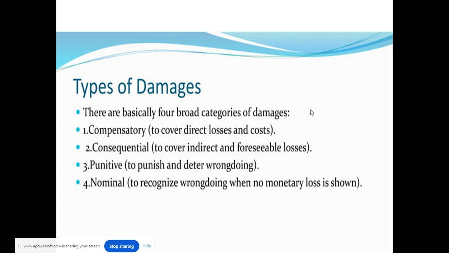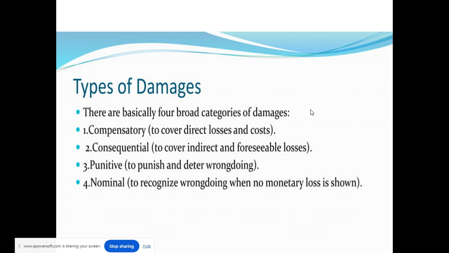Then there are certain types of damages here: compensatory, consequential, damages to punish and deter wrongdoing, and to recognize wrongdoing. These are damages awarded for the breach of contract.